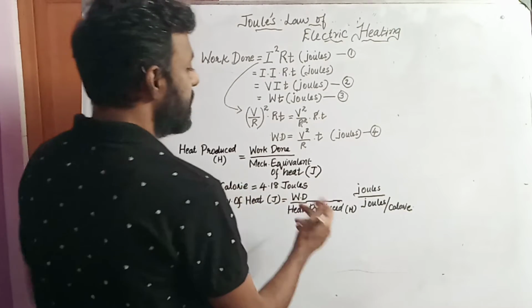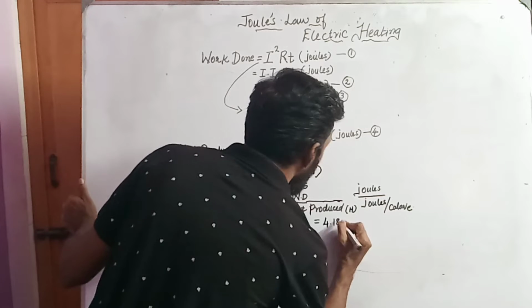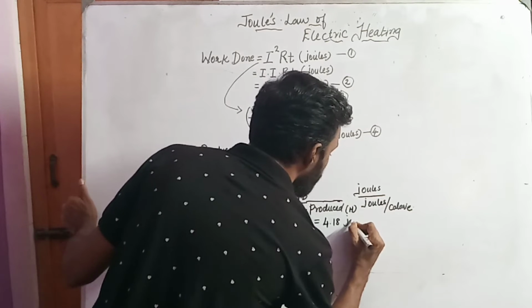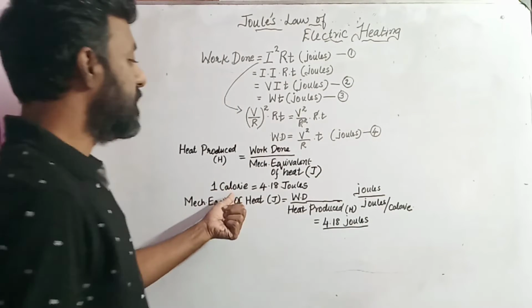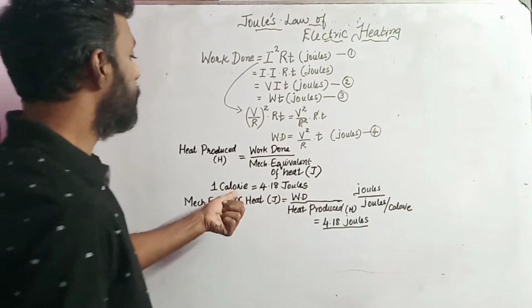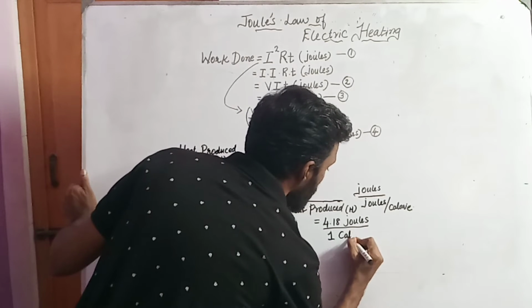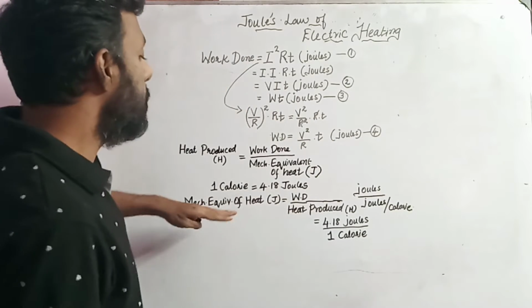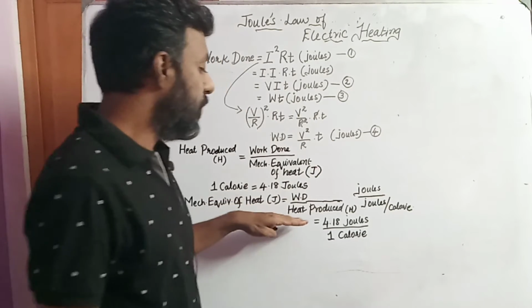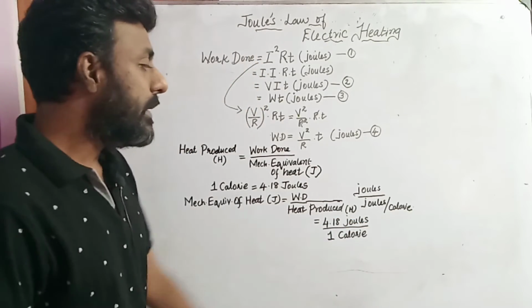Work done is 4.18 joules, divided by the heat produced, which is 1 calorie. Therefore, the mechanical equivalent of heat is equal to 4.18 joules divided by 1 calorie.